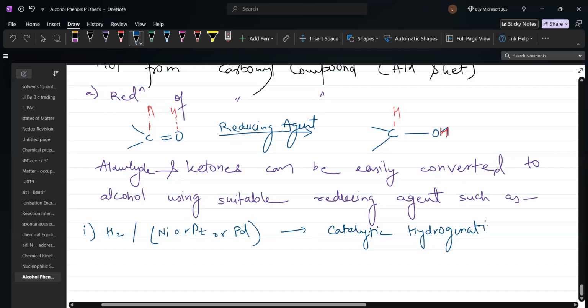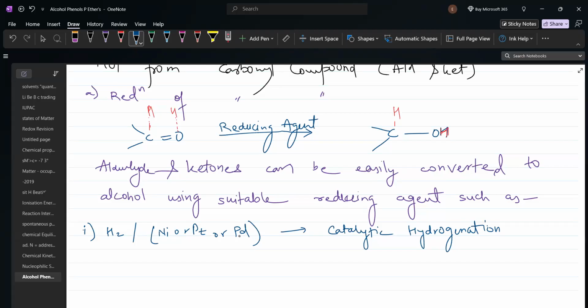What happens here is that nickel, platinum or palladium plates are used as catalyst, which increases the reaction between hydrogen and carbonyl compounds. That is why this process is known as catalytic hydrogenation.